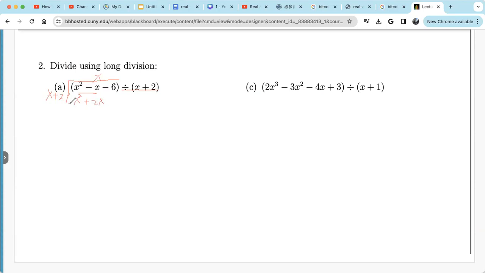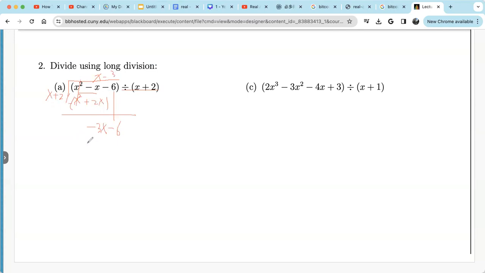We subtract, because we have 2 terms, subtracting 2 terms. X squared subtract x squared becomes 0. We don't bother to write 0. Negative x minus 2x is negative 3x. Then pull the next one down, negative 6. Go down here. Negative 3x divided by x is negative 3.